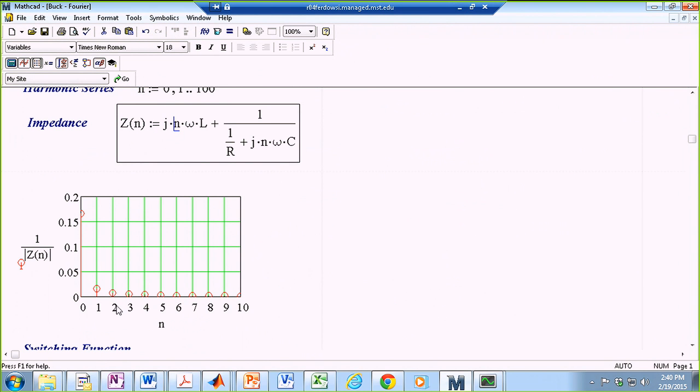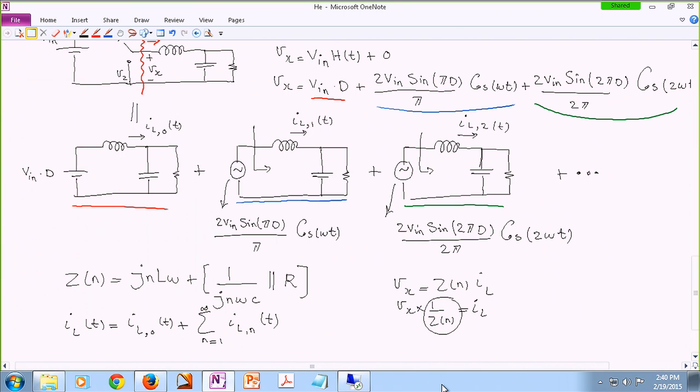It's telling me that if the order of the harmonic increases, 1 over Z in terms of magnitude gets really, really small, and that explains that if I have a bunch of harmonics in my Vx, let's say harmonic number 10, 1 over Zn is very, very small. Therefore, that 10th harmonic is going to be attenuated when I'm looking at the 10th harmonic of my current.